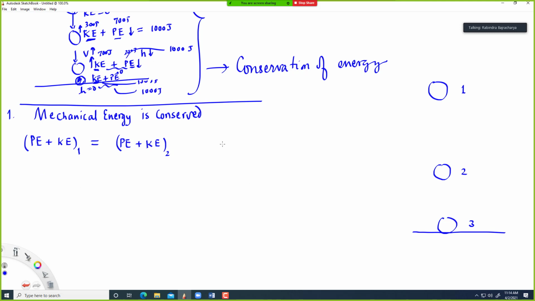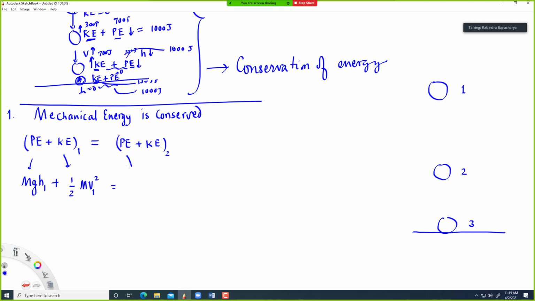So what's the potential energy at point 1? At point 1, potential energy is mass, g, and height, h1. What's the kinetic energy at 1? The formula for kinetic energy is 1/2 m times speed squared. I'm using the subscript to denote that this is for point 1.